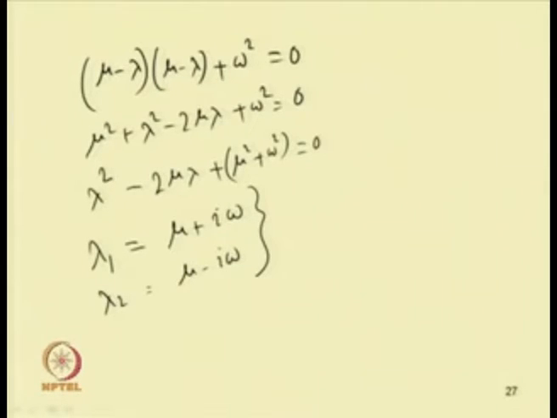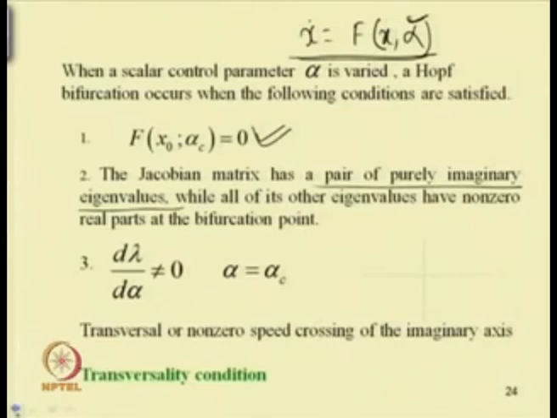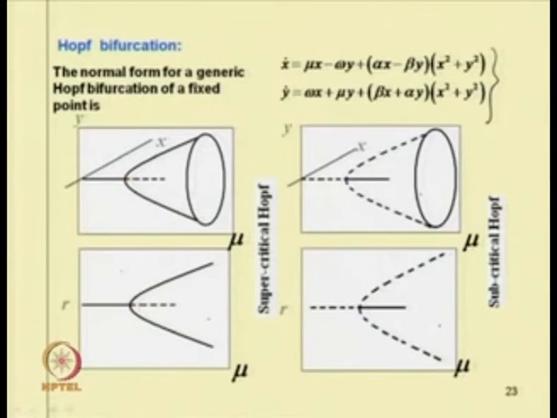So, the system will vibrate with a frequency of omega at that point. To visualize these things, we can write these two equations, or by plotting this equation one can see it in the x, y and mu plane.